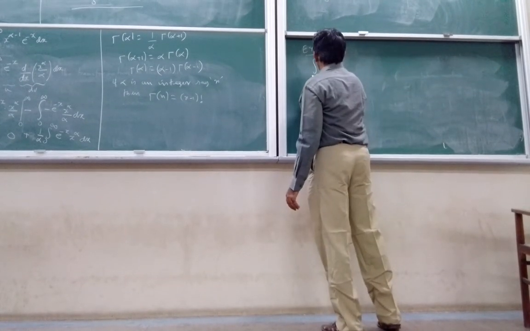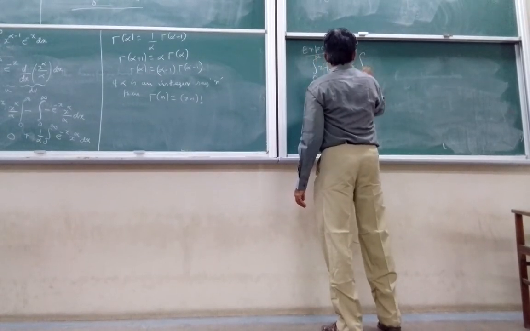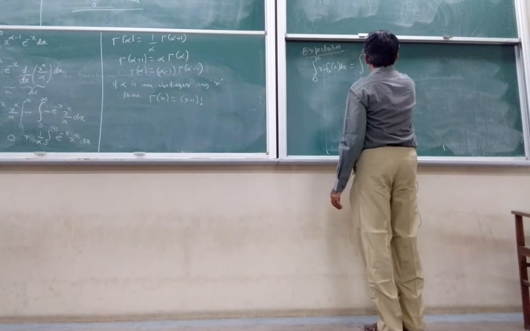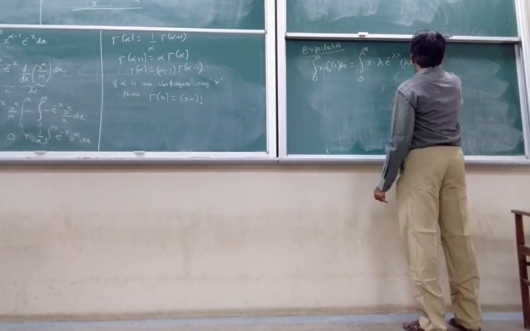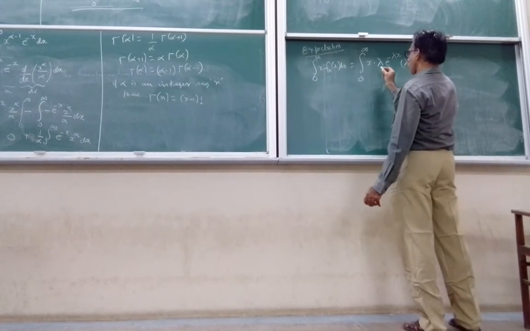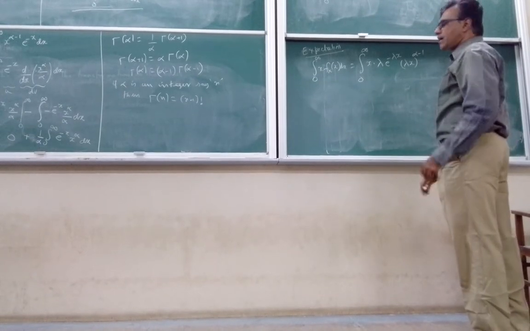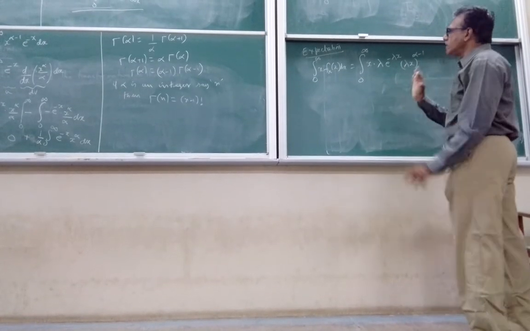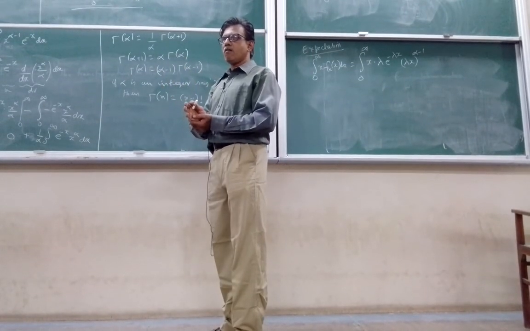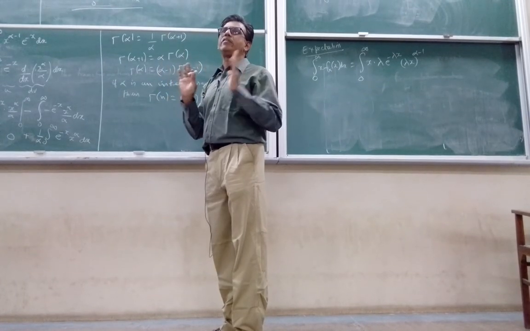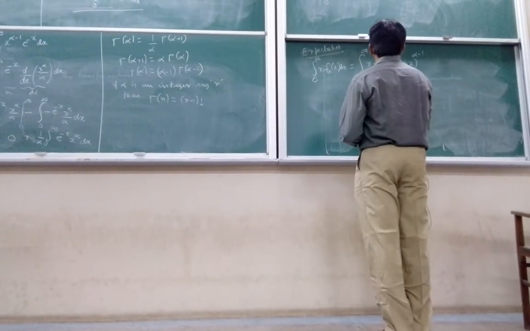Yes, we can also use it for general alpha, but now we will stick to the Erlang distribution, which is a special kind of gamma distribution wherein the parameter alpha is an integer n. For that we will do it, because that interpretation will be clearer.